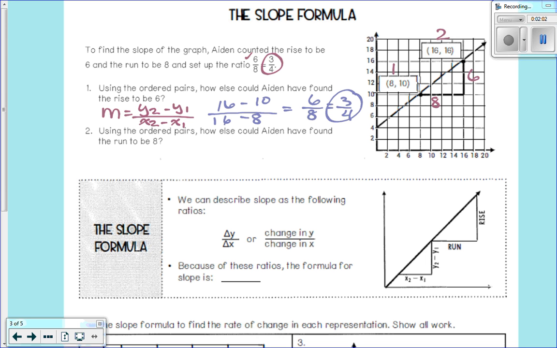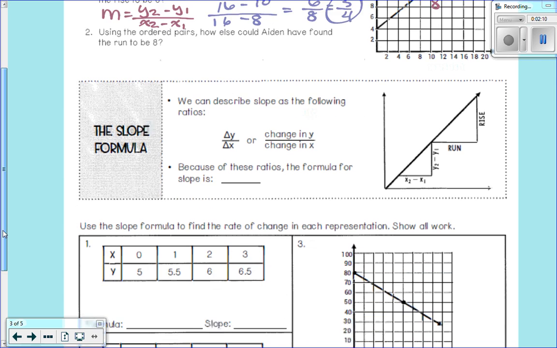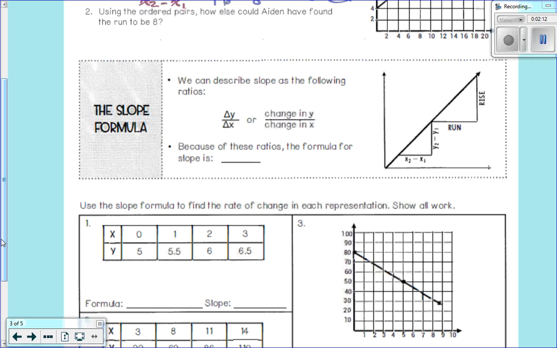We also know that we could choose any 2 points on a line and what? Still get the same slope. You're correct. So the slope formula: we can describe slope as change in y. Triangle just means change. That's just a shorter way to write it. And because of these ratios, the formula for slope is y2 minus y1 over x2 minus x1.